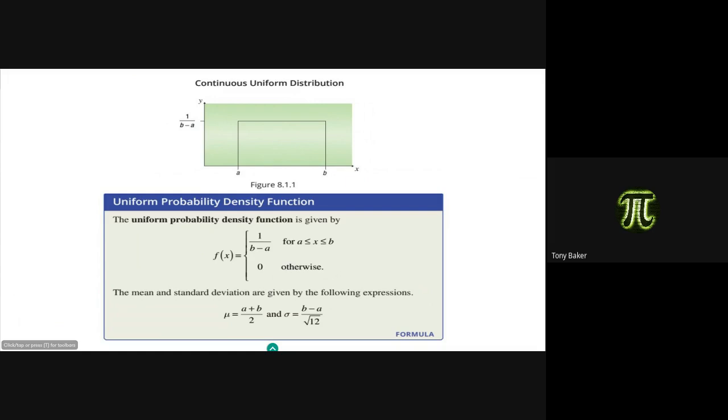Your mean is always a plus b divided by 2, so whatever is right in the middle of those two. And the standard deviation is b minus a divided by the square root of 12, always. So those are the three formulas you would need for a continuous uniform distribution.